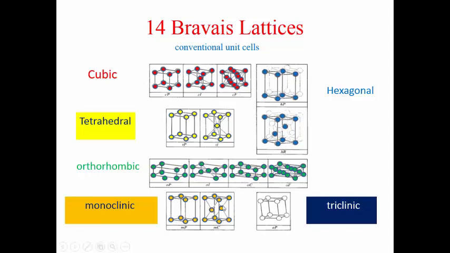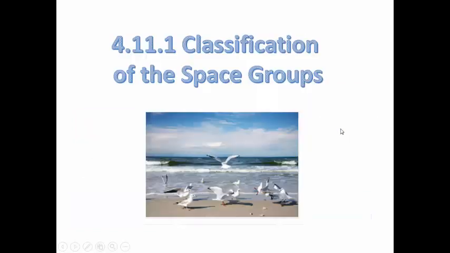Now, this class has half of you in the orthorhombics and half of you in the monoclinics. So these are the 2 systems I want you to be most alert to. And finally, we have the rhombohedral over here, and you can see they're both hexagonal, and hexagonal primitive is called hexagonal, hexagonal R is called rhombohedral. A little bit confusing, but as long as you know what it is, you can sort it out.